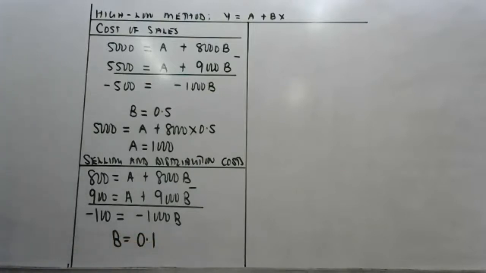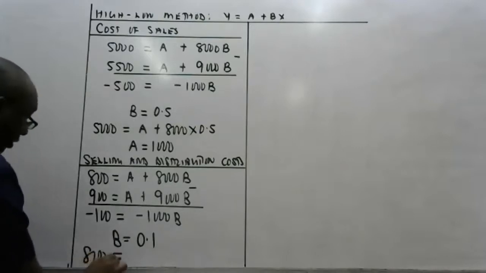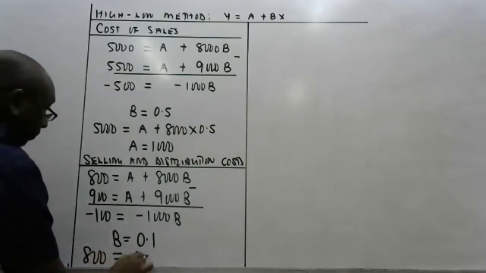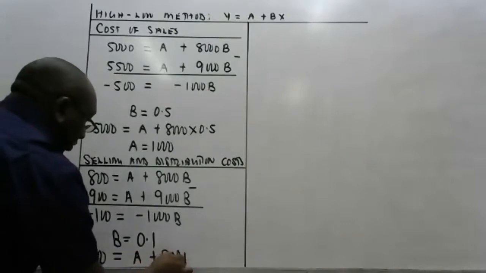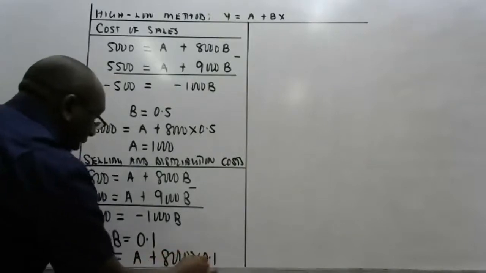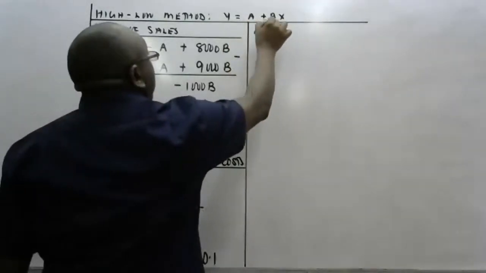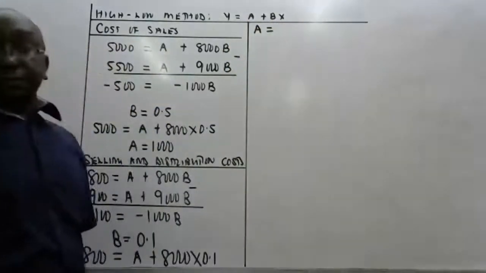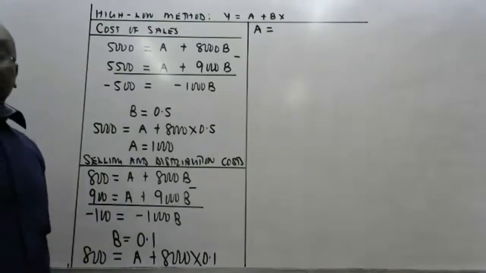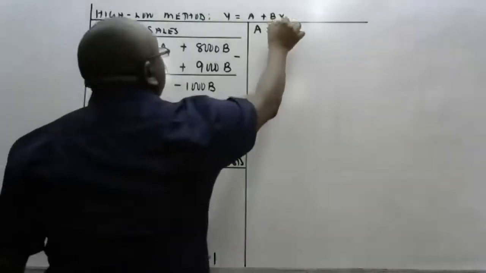And if it's 0.1, you will say 800 is equal to A plus 8,000 times 0.1. So tell me the value of A. The value of A is 0. Good.